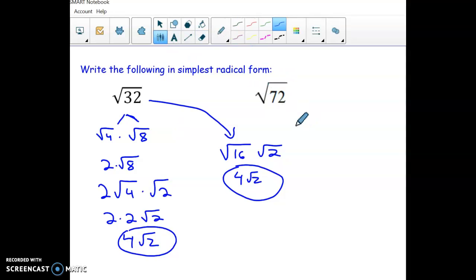Here's another example where this one is divisible by 4, but if I use 4, it would be 4 and 18, and that wouldn't be done because it'd be 2 root 18, and then I could pull out a root 9, because the square root of 9 is a perfect square that divides 18.